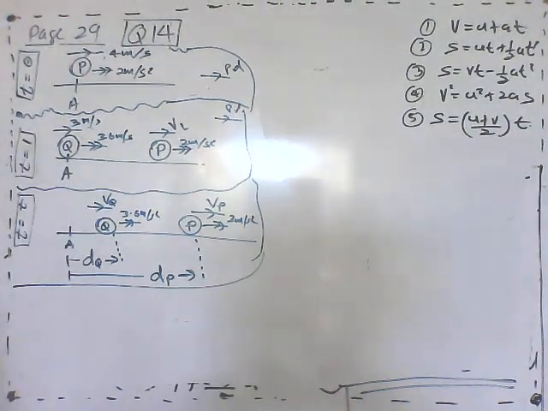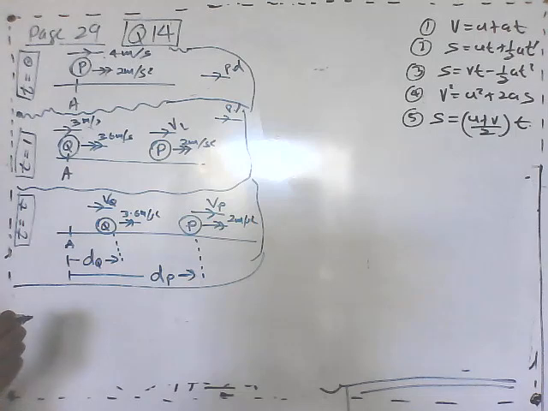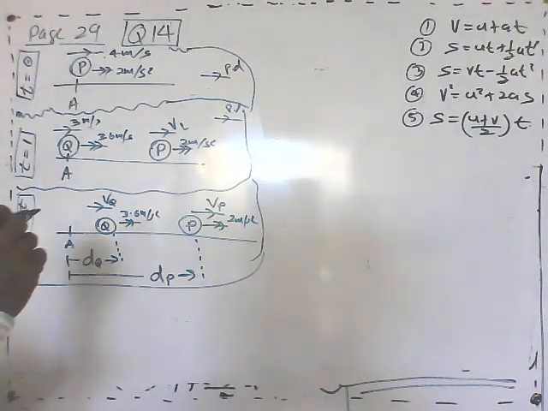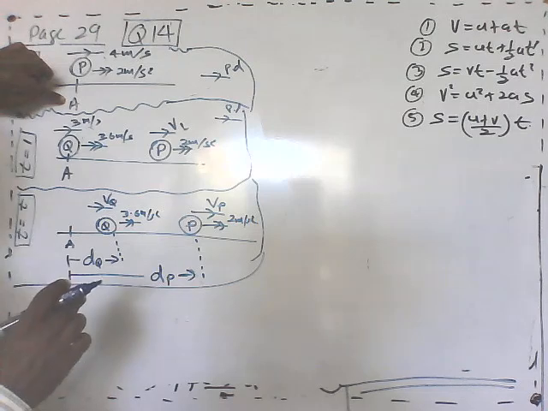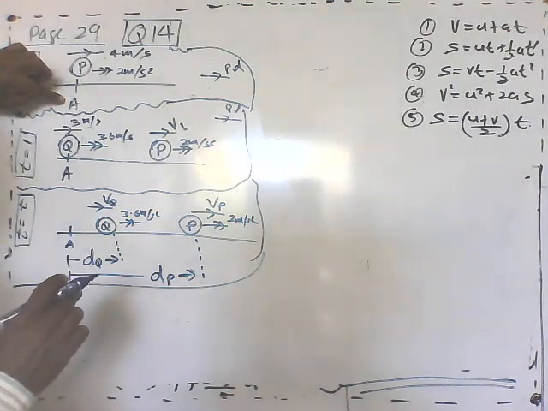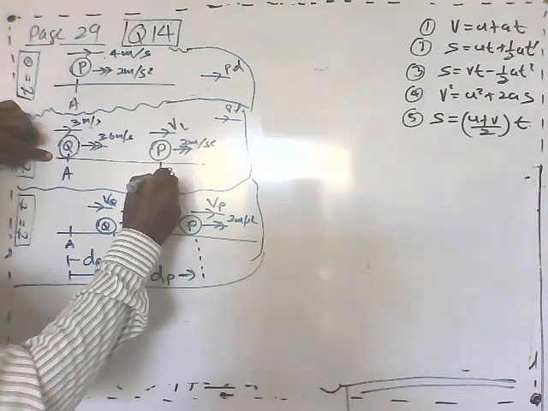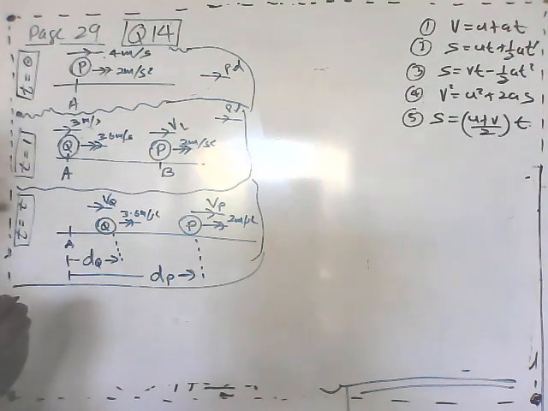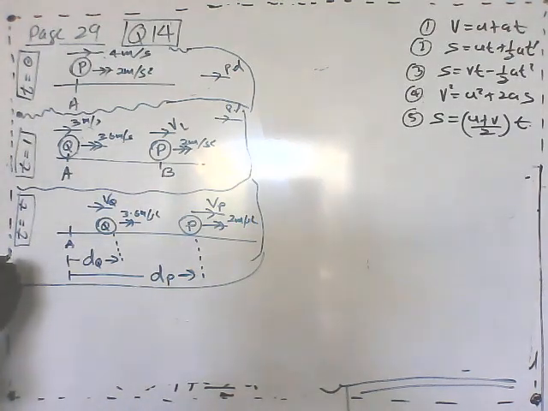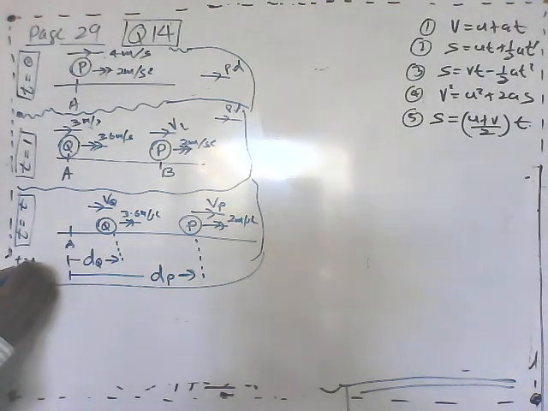Before I proceed, I will introduce some more letters to handle this. We have A here. After 1 second this fellow will go forward, and I will make this one B. Again, after t seconds, we assume t is greater than 1, a little bit later.